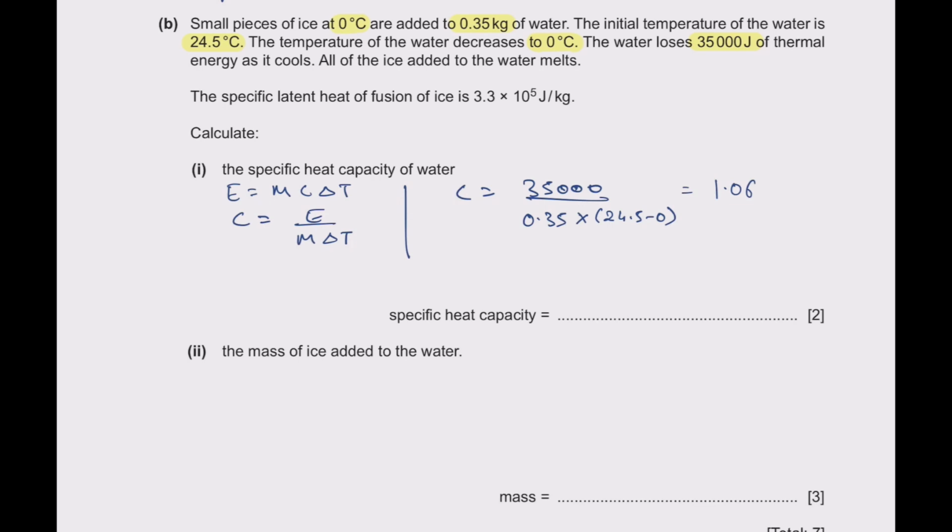So it comes out to be around 4081.632. That is the answer, but rounding off to two significant figures, I can write it like 4100 joule per kg degree centigrade. So the answer is 4100 joule per kg degree centigrade.